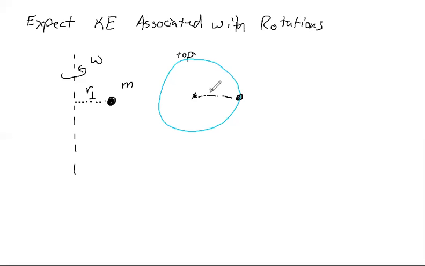So the radius of this path would be r perpendicular. So from the top down, we see this circular motion. This little chunk follows a circular trajectory about the central axis of rotation.